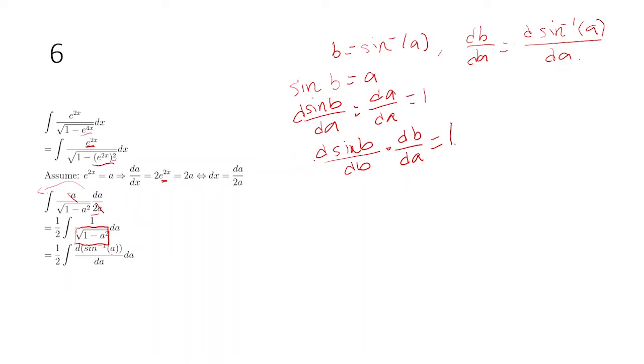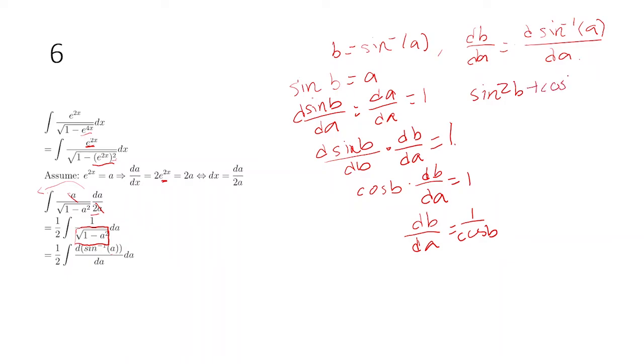Notice that the derivative of sine b with respect to b is nothing but cosine b, multiplied by the derivative of b with respect to a is equal to 1, such that the derivative of b with respect to a is equal to 1 over cosine b.